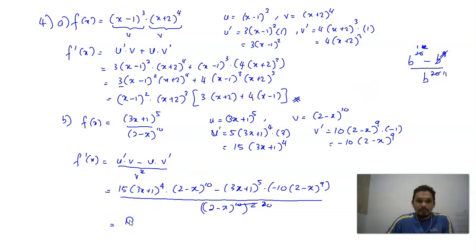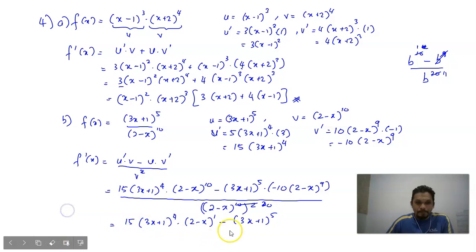So now 15 (3x plus 1) to the power of 4 times (2 minus x) to the power of 1, minus (3x plus 1) to the power of 5, negative times negative positive, 10 (3x plus 1) to the power of 5.